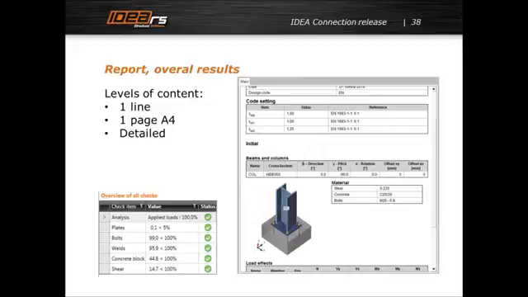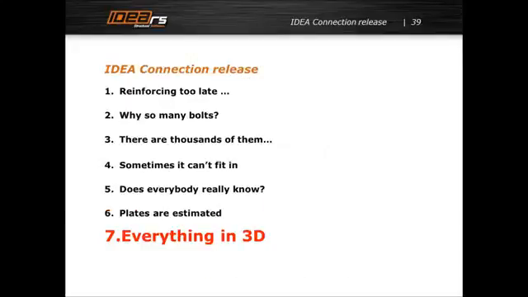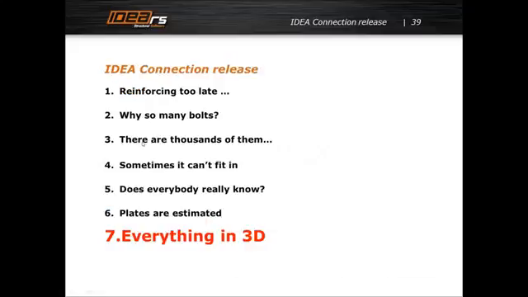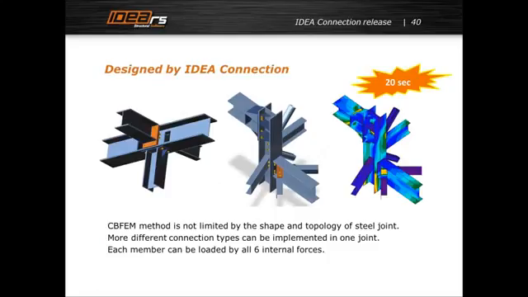Now, very fast, it is our output report, which can be done in several levels of detail. And finally, we say that we calculate everything in 3D, even if the model is in one plane.